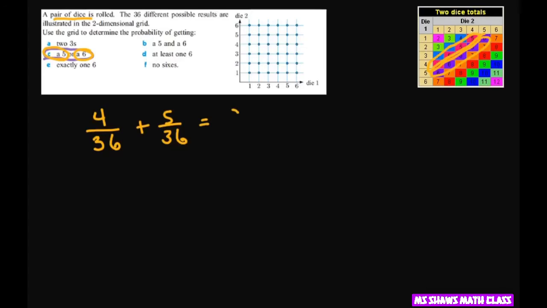And that gives you 9 out of 36. So I'm not really sure what they're talking about when they say a 5 or a 6, because if you say you're rolling two dice and you get a 5 or a 6, it kind of doesn't make sense.